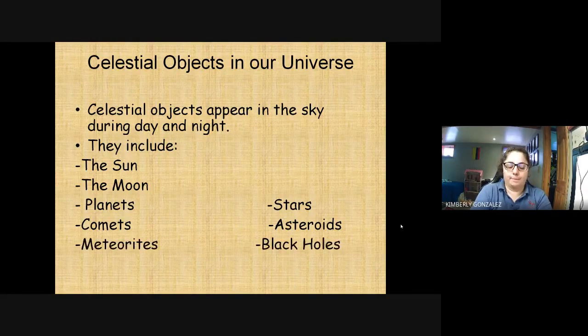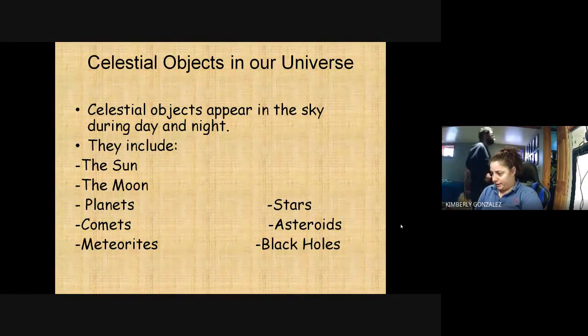And finally, meteorites and black holes. We're not going to be going into too much detail about black holes for 2 reasons. Number one, because the New York State Regents curriculum does not cover them very much because there's so much unknown right now about it. So we don't really have a lot to talk about when it comes to black holes because there's so much of it that's undiscovered.